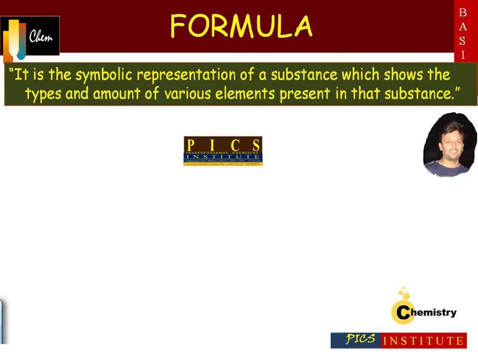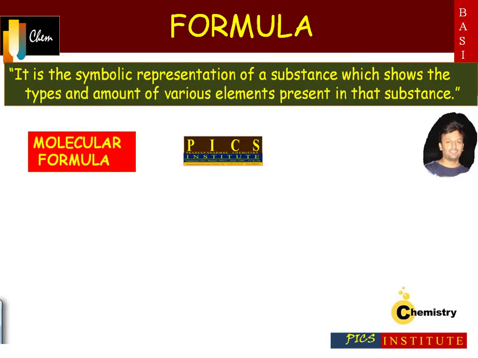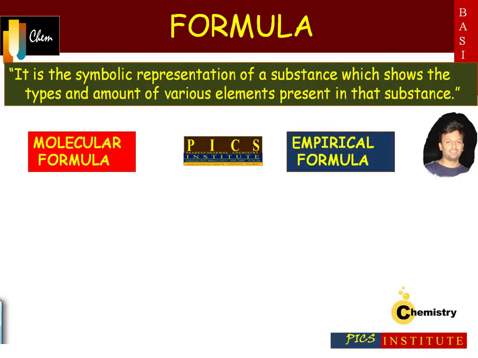So we can say a formula tells us about the type of various elements present in a given molecule as well as their amount. Formula is of mainly two types: one is molecular formula, another is empirical formula, or it is also called the simplest formula.